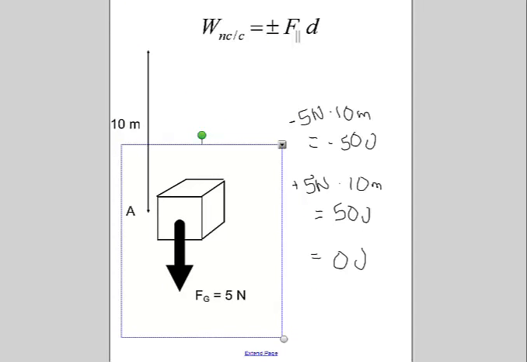Another common example of a conservative force that we'll see is the spring force. So an elastic force in a spring, and specifically in an ideal spring. In an ideal spring, you can have the spring work against you. So you can push a spring in, which will remove energy from a system.